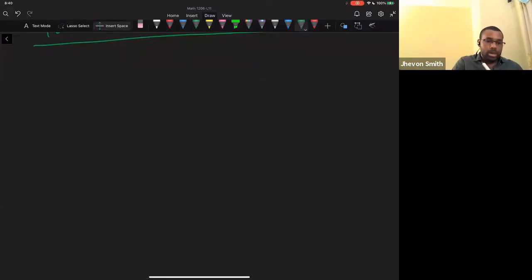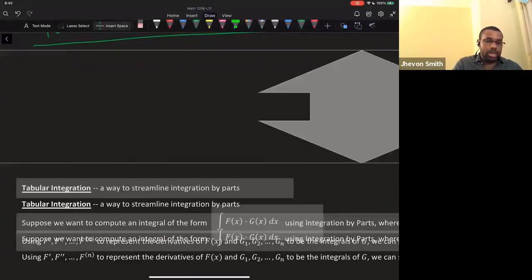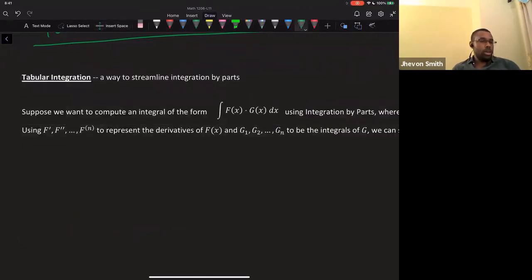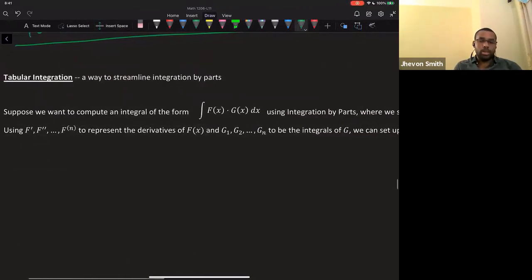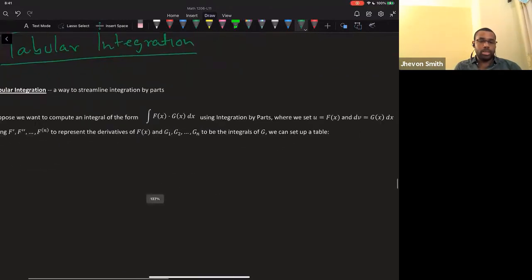So let me quickly describe, quote unquote, tabular integration. Thank goodness I retyped some of this stuff. All right. So let me describe to you how this is going to work.